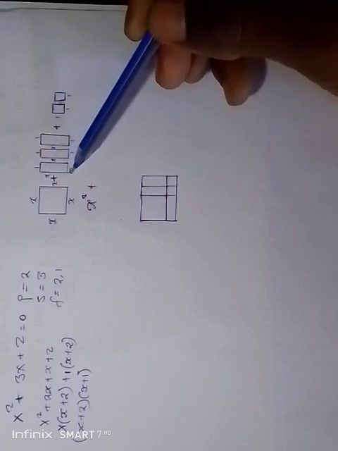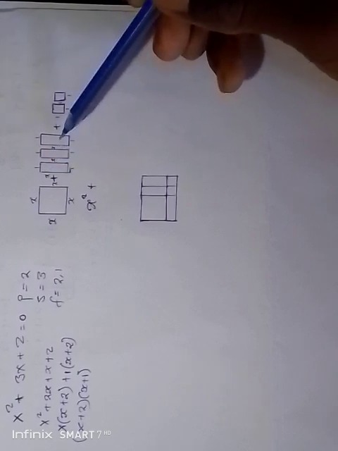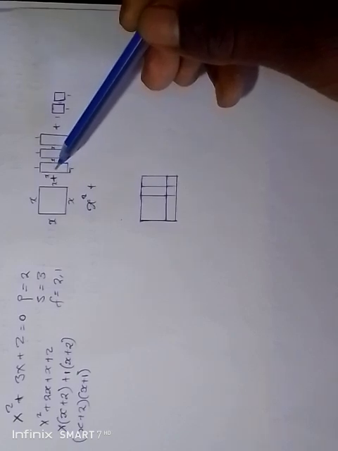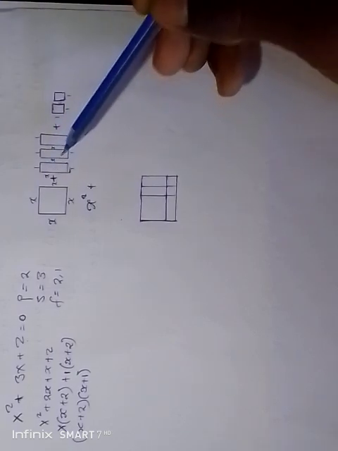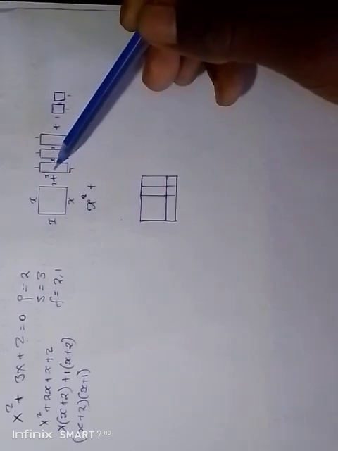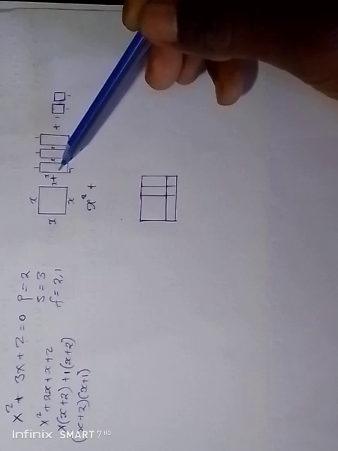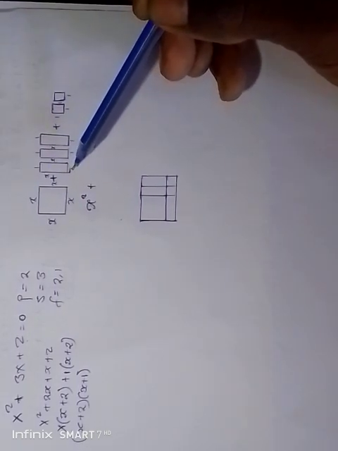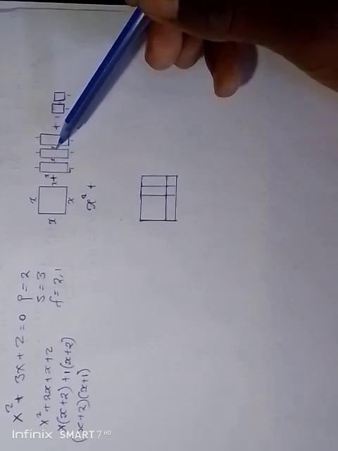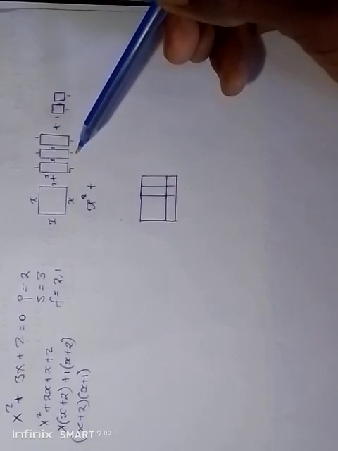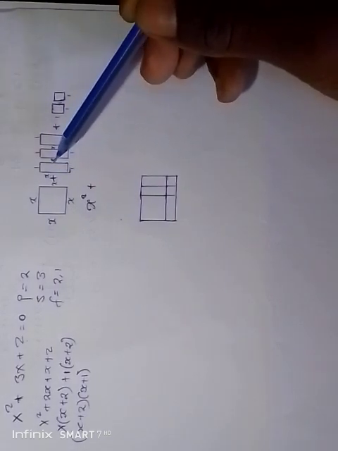So we have x and 1 unit here, x and 1 unit. We're just going to add this plus this plus this, after all, we found L times B because we want to find the area of this. Then we make the total of everything. So x times 1 is just x, x times 1 is x, x times 1 is x. So we say x plus x plus x.